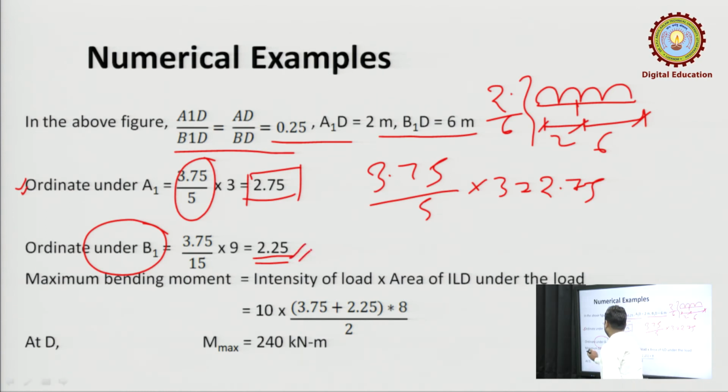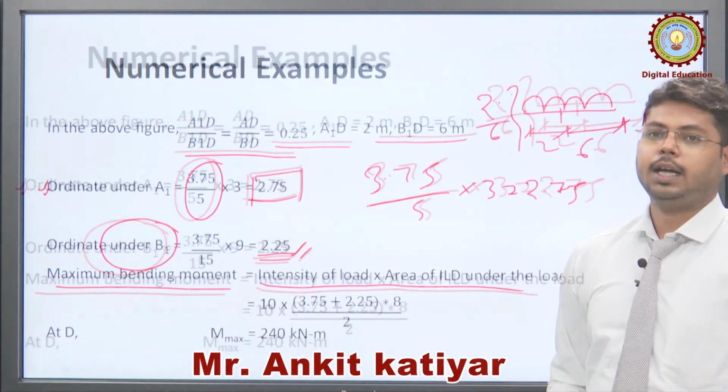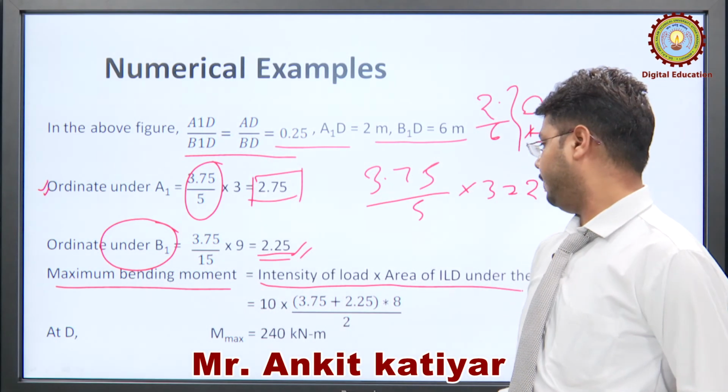2.25. For maximum bending moment, we have a formula: intensity of load times area of ILD under the load. How can we calculate that?